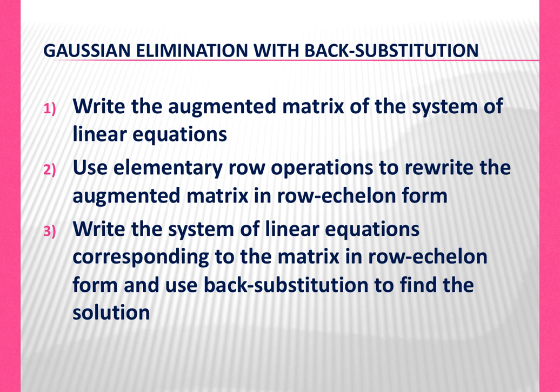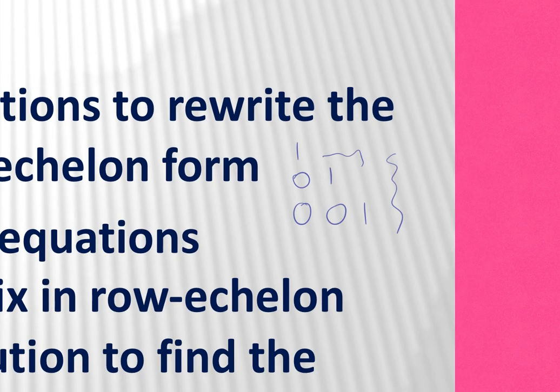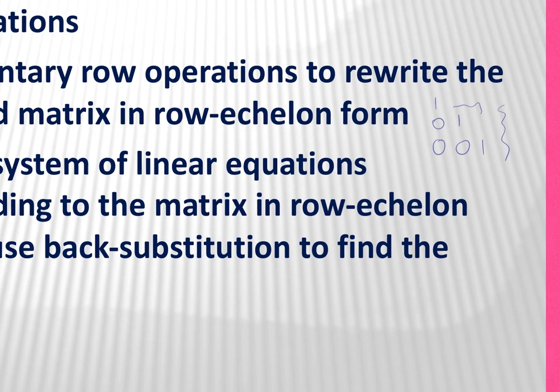Then you're going to use all the different elementary row operations, either multiplying, adding, moving, to put your augmented matrix in row echelon form, which means your diagonal of 1s, zeros below. These are all other numbers, right? We're going to put it in row echelon form.